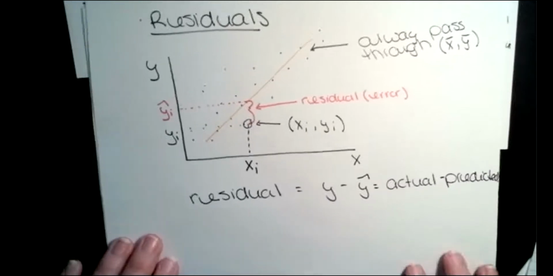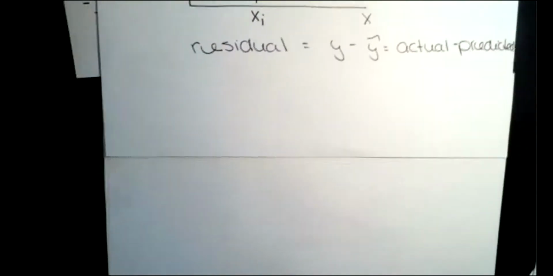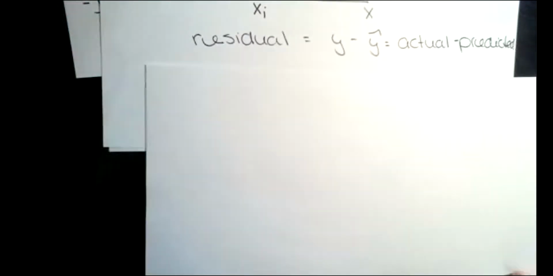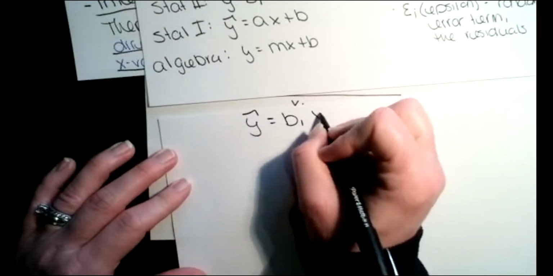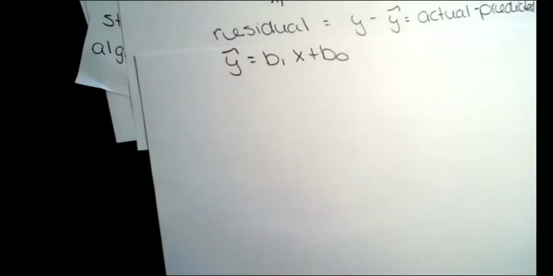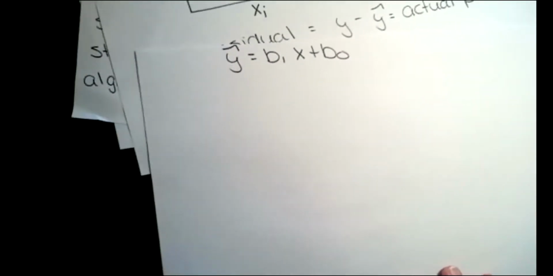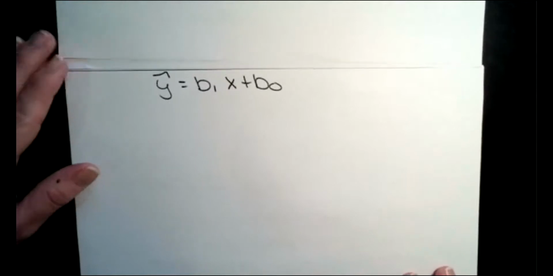Now when we're looking at the equation of our line, Y hat equals B1 X plus B naught, we can interpret and talk about a few things from it.